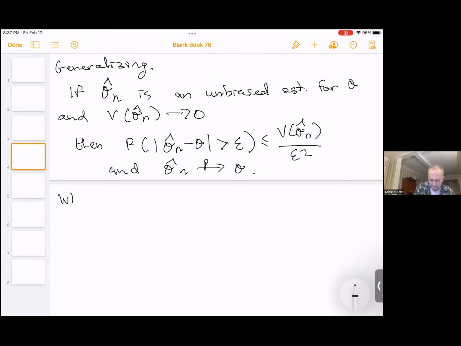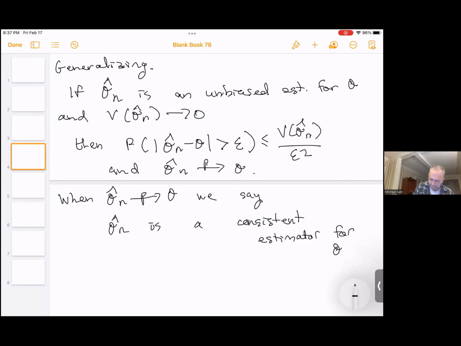So when an estimator converges in probability to the constant it's trying to estimate, we say theta hat n is a consistent estimator for theta. Now, it can be consistent without being unbiased, as long as it converges to theta in probability.